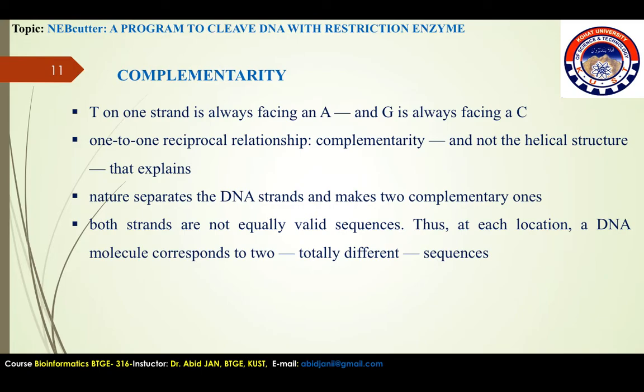While reading the nucleotides from the 5' end towards the 3' end, you may decide to write down the bottom or the top sequence. Remember, both strands are not equally valid sequences. Thus, at each location, a DNA molecule corresponds to two totally different sequences.